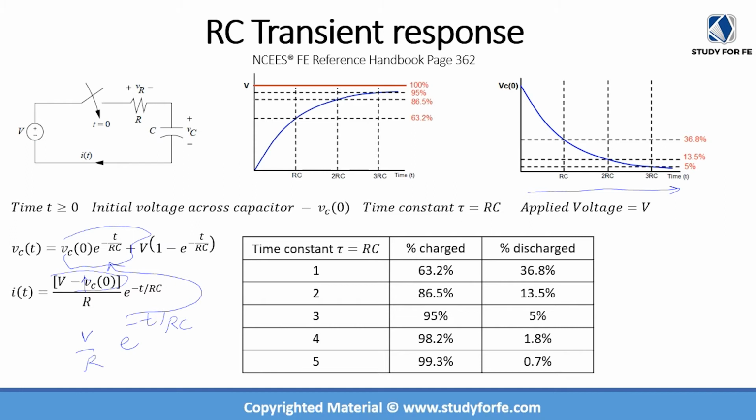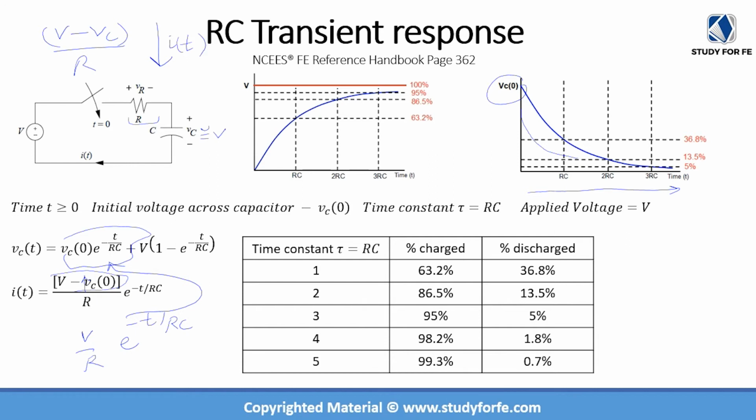So that's why initially you start out at a very high current, and then over time, when the voltage across the capacitor becomes more or less equal to the applied voltage, then there's no voltage difference across the resistor. And that's why the current passing through the resistor would actually become 0 or very close to 0. So V minus VC would actually become very close to 0. Okay, the numerator will become very close to 0, and that's what will drive down the current I of t.